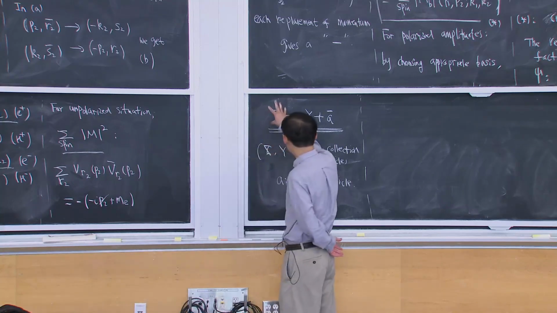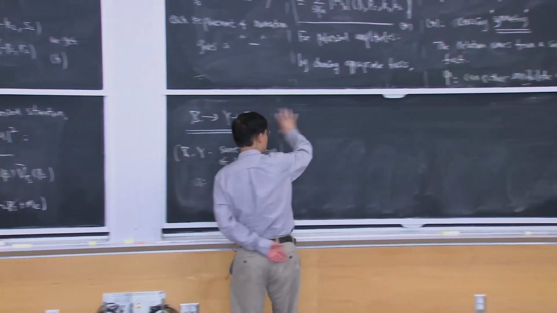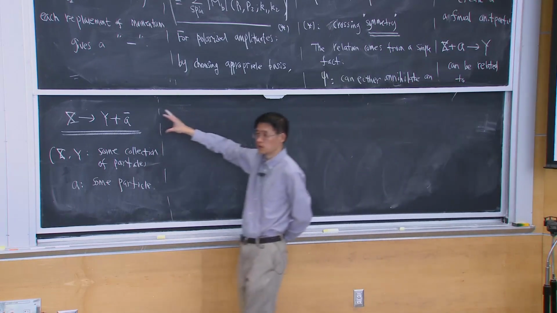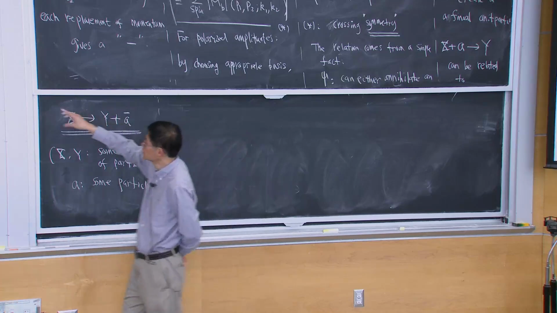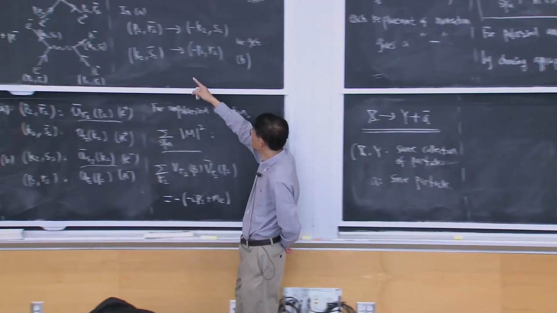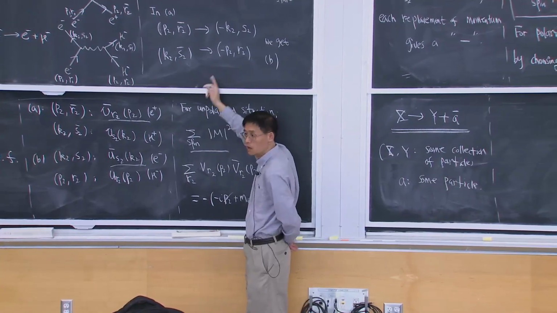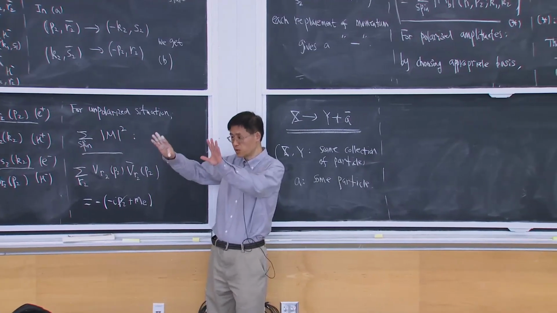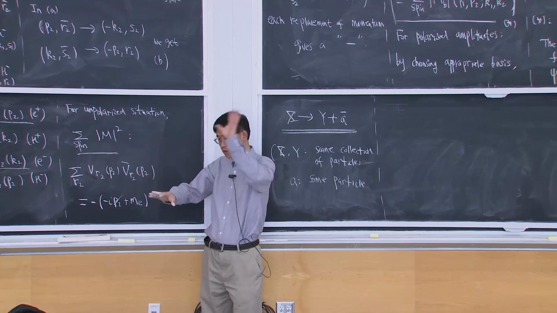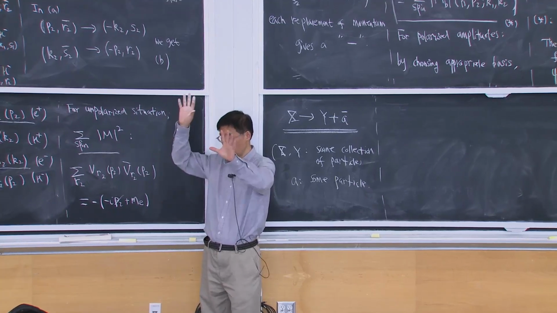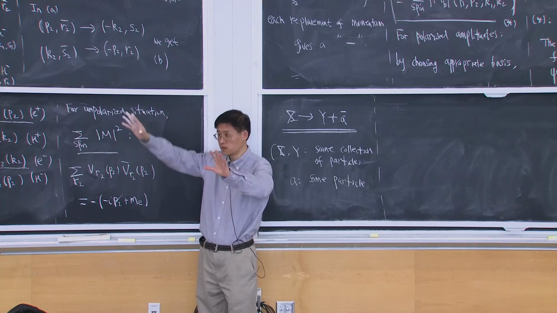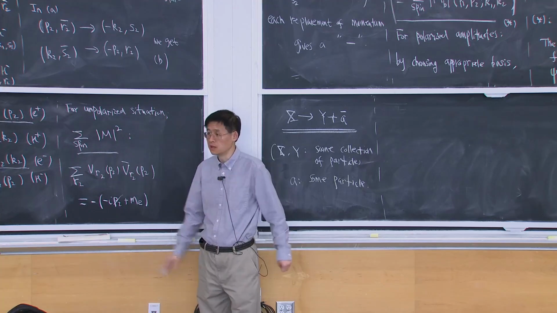Some momentum for this process corresponds to some momentum for that process. We have to switch the initial and final momentum. It's not that these two processes are the same. It's just that this process for one set of momenta has the same amplitude as the other process for some other set of momenta. There's a relation between them.